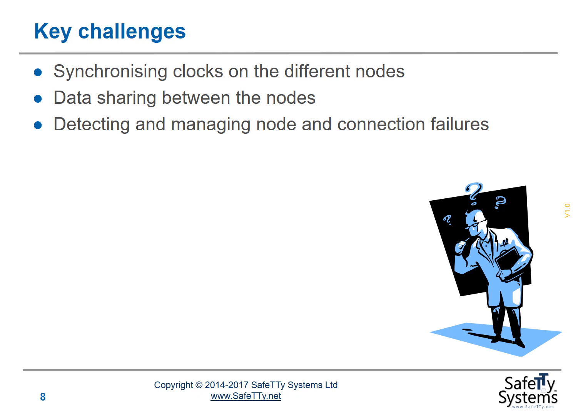So I'm using node here to refer generally to a particular microcontroller. So let's assume we want to synchronize the clocks on the different microcontrollers, we want to share data between them, and we want to detect and manage failures in each microcontroller and in the connections between the microcontrollers.